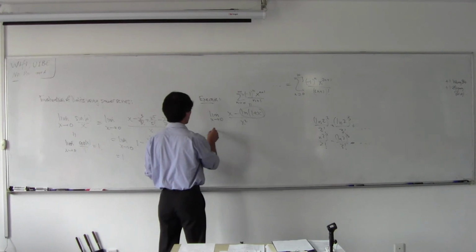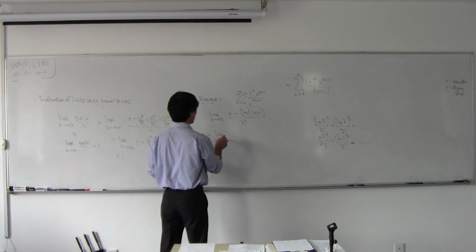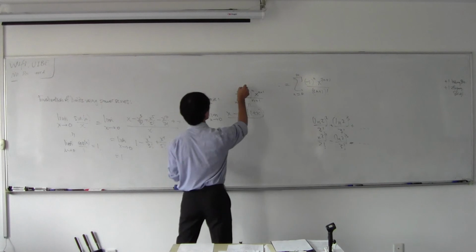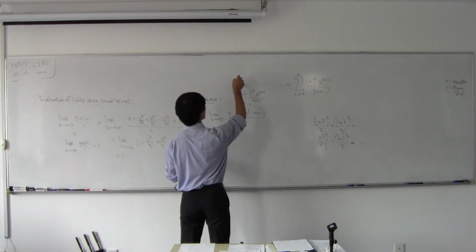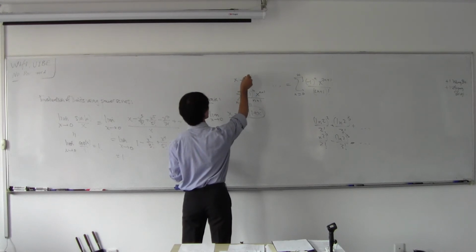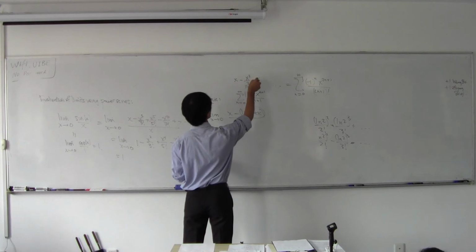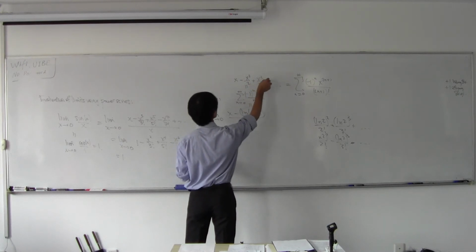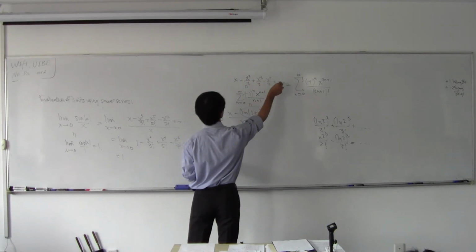Okay, so you get x minus x squared over 2 plus x cubed over 3 minus x to the 4 over 4 plus minus.